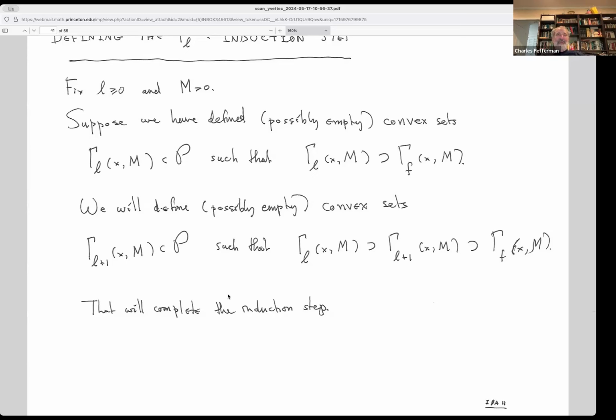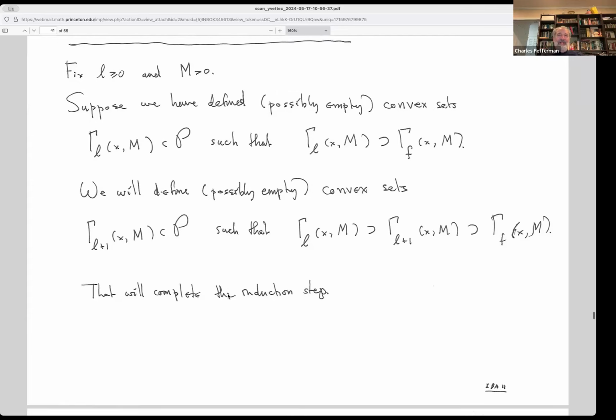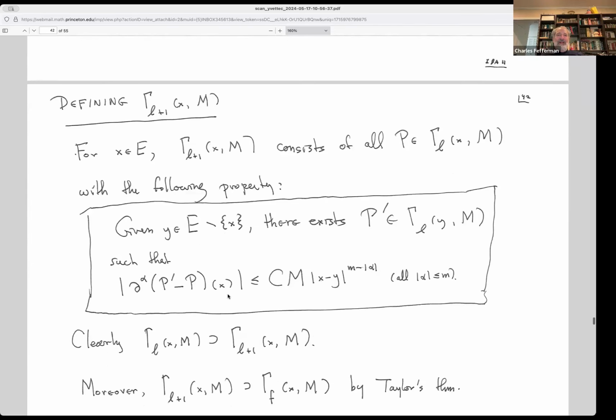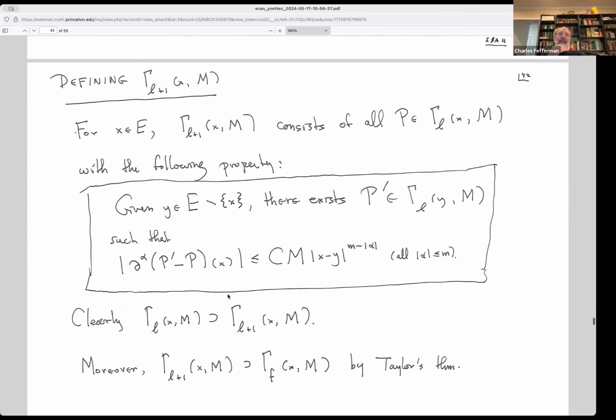Okay, so what I've got to do is to define gamma L plus 1 that does this, and that'll happen on the next slide. So here it is, gamma L plus 1 of xm. For a given point x in E, gamma L plus 1 of xm consists of all p in gamma L of xm with the following property.